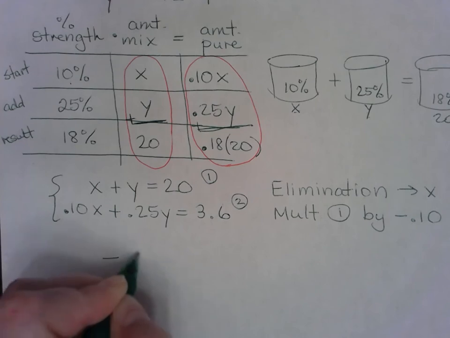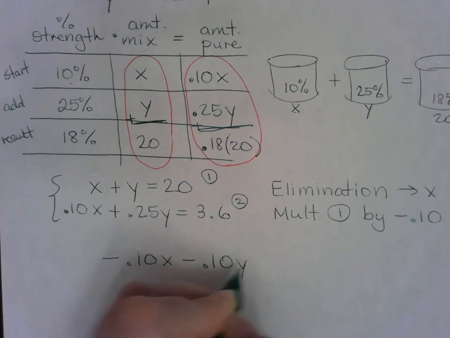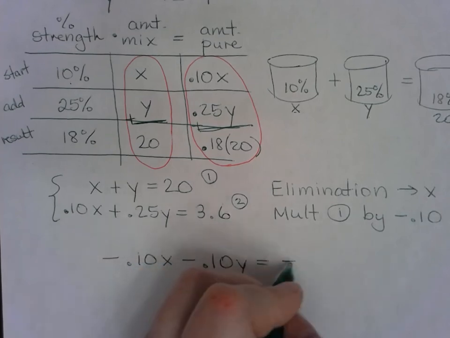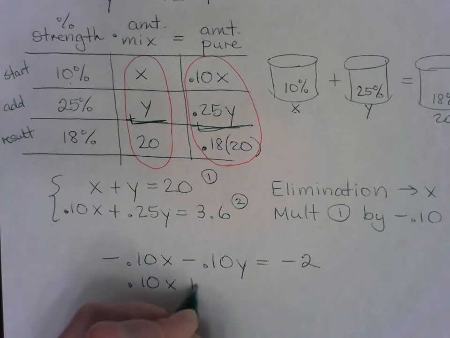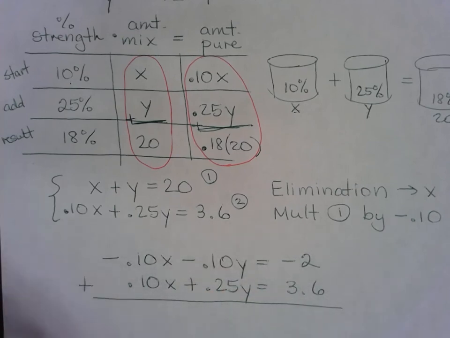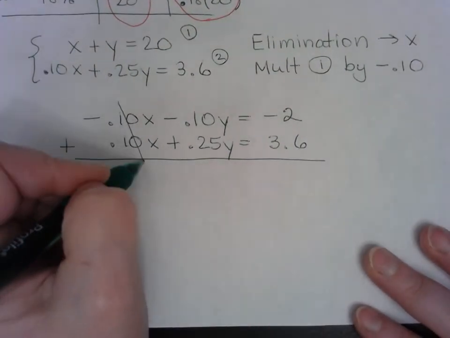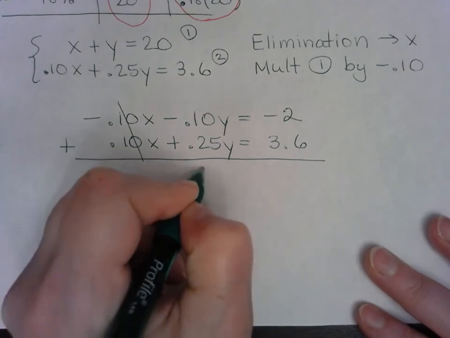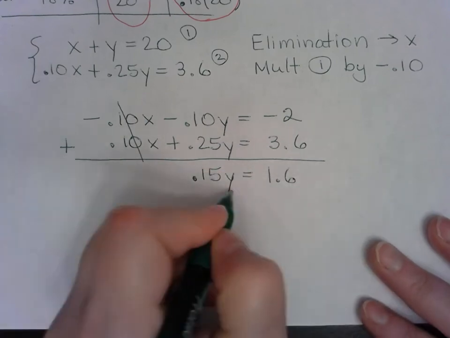That gives me negative 0.10x minus 0.10y equals negative 2. Then I'm going to copy down the second equation and add these two equations together. The x's will be eliminated, and we'll have 0.15y equal to 1.6.